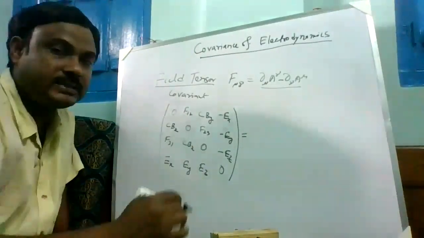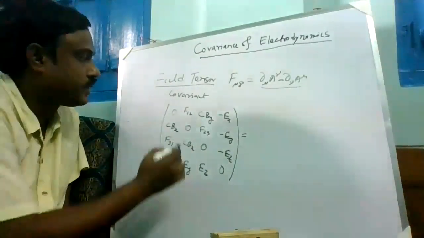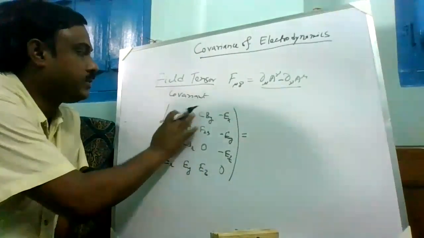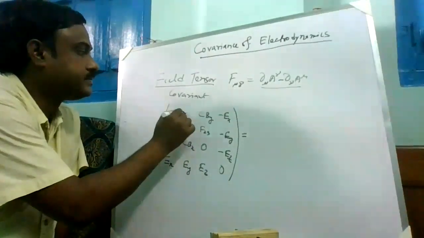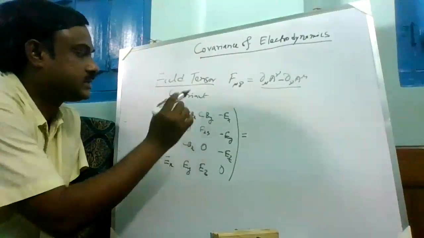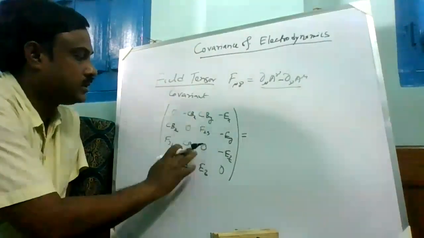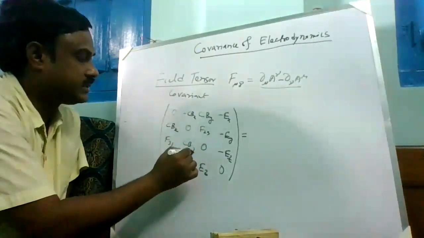Since it is totally antisymmetric, the others will be negative of these: minus CBx, minus CBy, and minus CBz.